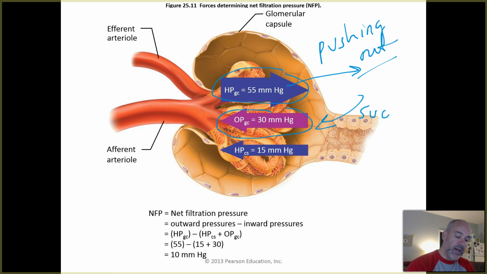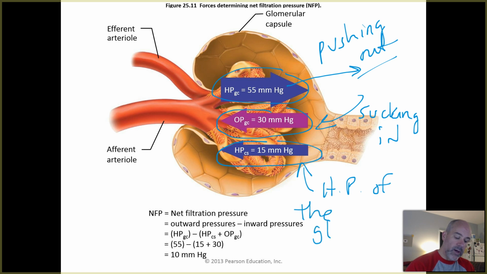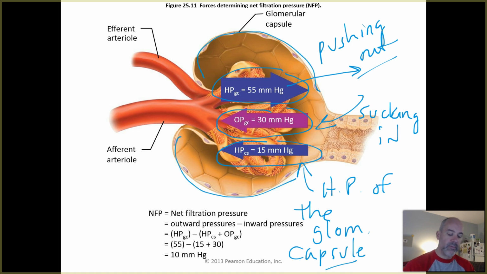So that's sucking in or pulling in. And then finally, you do have a hydrostatic pressure of the glomerular capsule, not the glomerulus, but the capsule itself. This structure has borders, you have fluid inside there, so there is going to be some hydrostatic or fluid pressure in there as well, but it's only 15 millimeters of mercury.